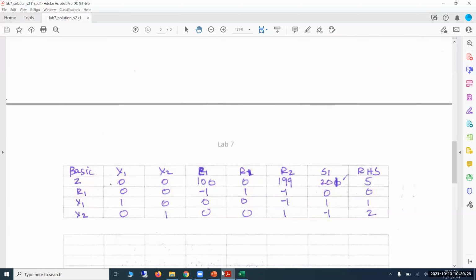In the optimal solution, R1 is still there, but R1 has a value of 0, so it's not impacting your solution. If it's still a basic variable and it's equal to 0, then you're good, because the non-basic variables are variables that are equal to 0.